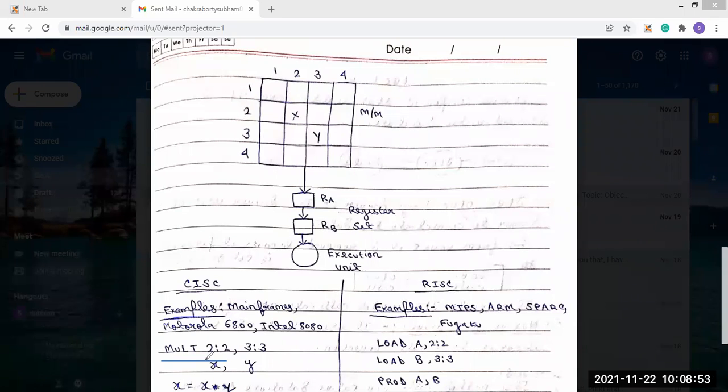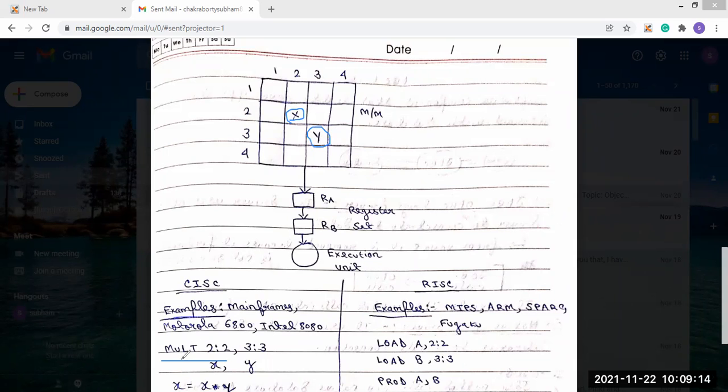What is the instruction we have written? MULT 2:2 and 3:3. That means in 2:2, X is stored, and in 3:3, our Y is stored.